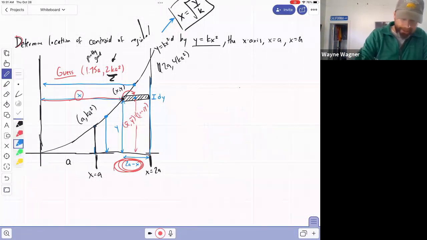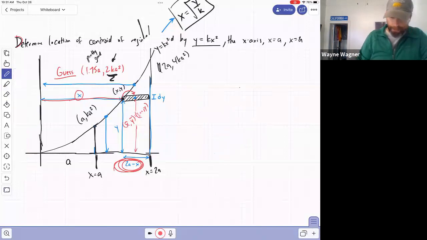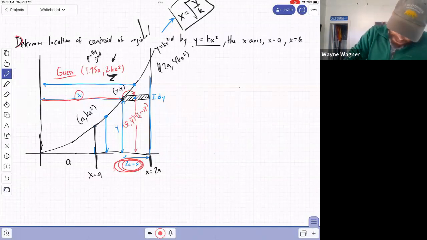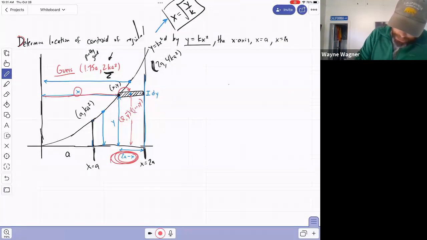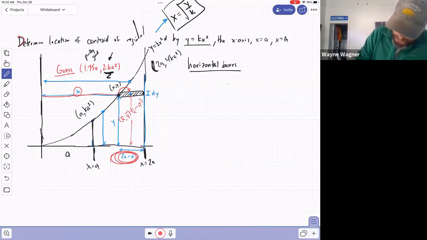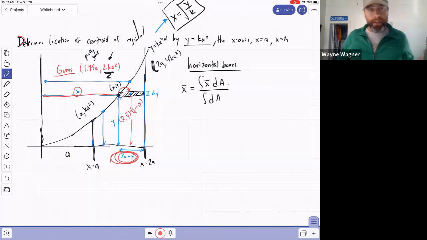Again, this is your calculus ability coming through. So what we're going to do, this is the vertical, these are the horizontal boxes. So again, same formula. That's always the formula.